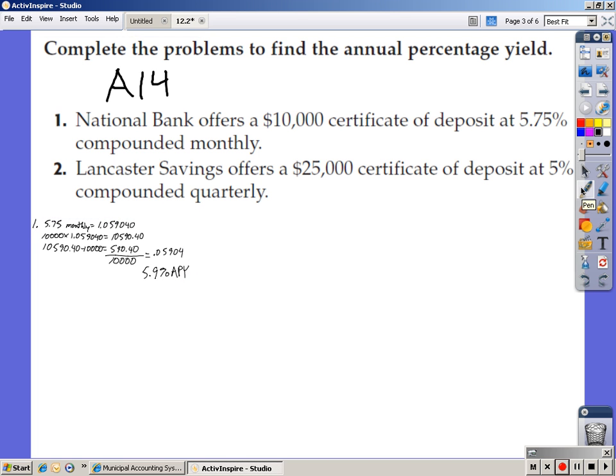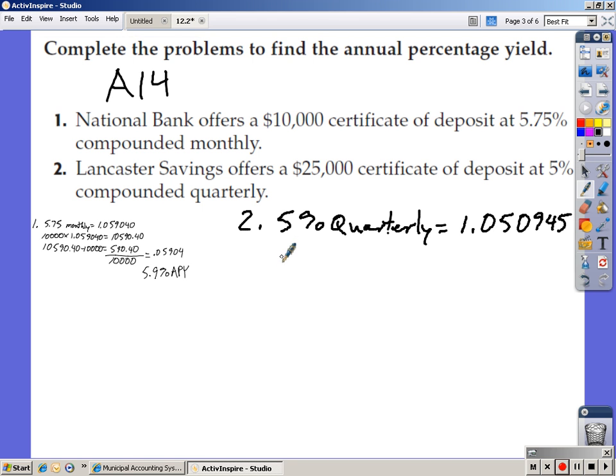Okay, number two. Let's see here. 5% quarterly. 5% quarterly is 1.050945. And again, that's from the table on A14. Okay.